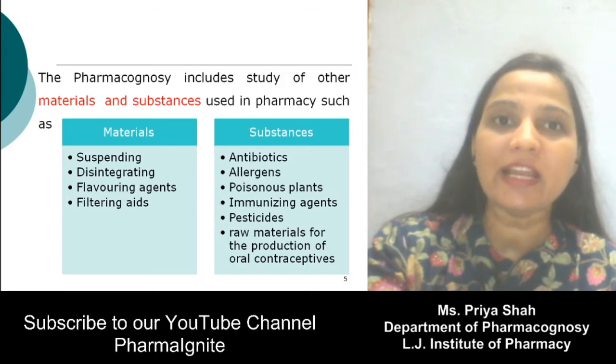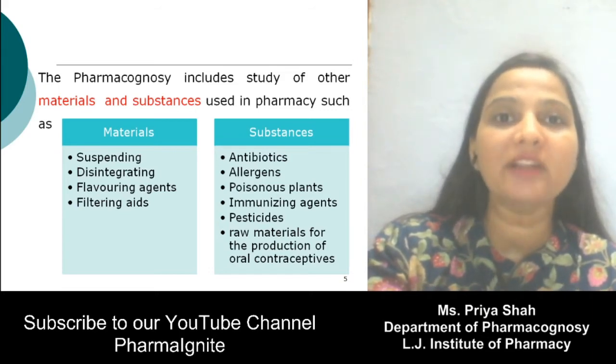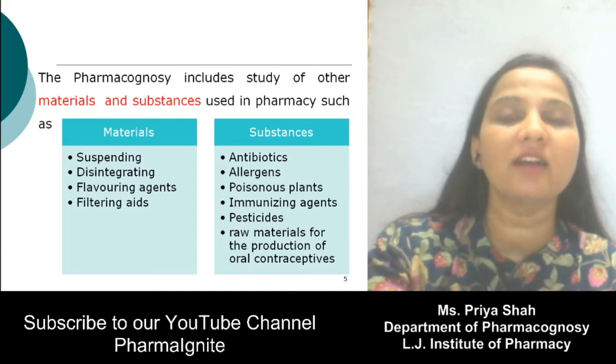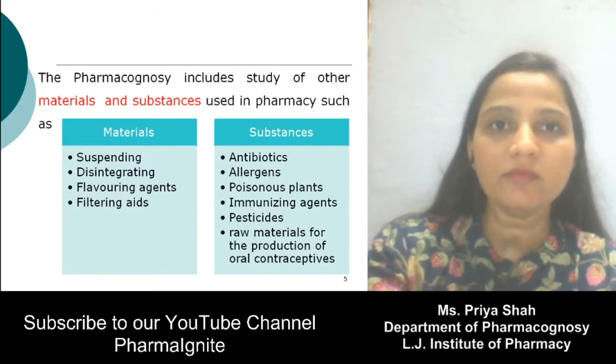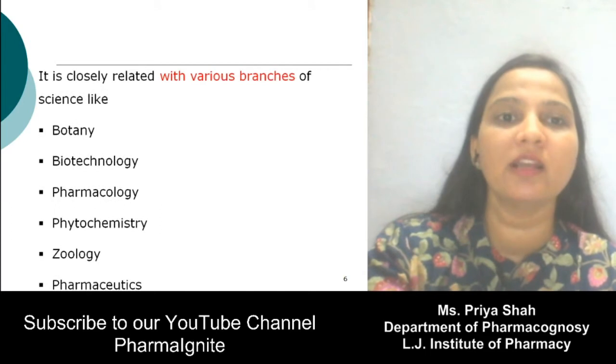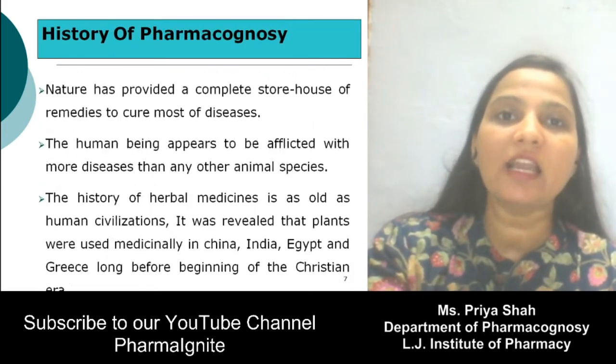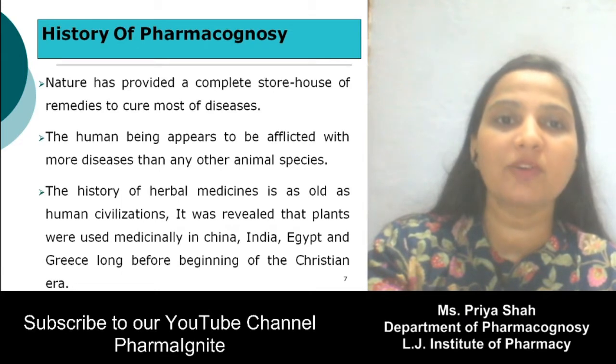Various phytoconstituents or steroids can be isolated from plants and used in the synthesis of oral contraceptives. This branch is also associated with other sciences like botany, pharmaceutics, biotechnology, pharmacology and phytochemistry.